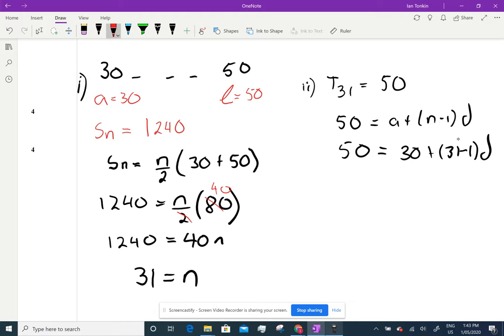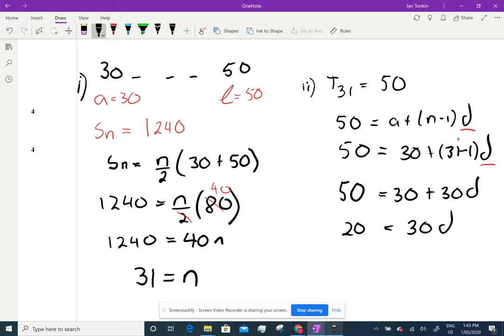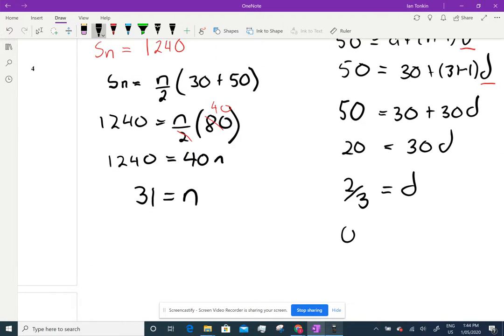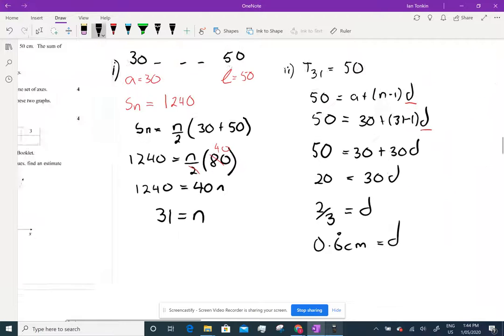I'm trying to find this common difference. Now I've got an equation. I just tidy up. 50 equals 30 plus 30D. Minus 20 equals 30D. Divide by the 30, 2 over 3 equals D. 2/3 of a centimetre, or 0.6 repeater, a centimetre equals D. They gave it as 2/3 in the back of the book, in the old HSC.